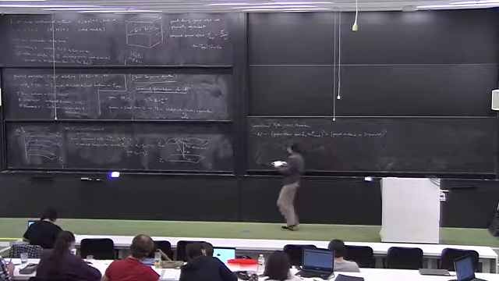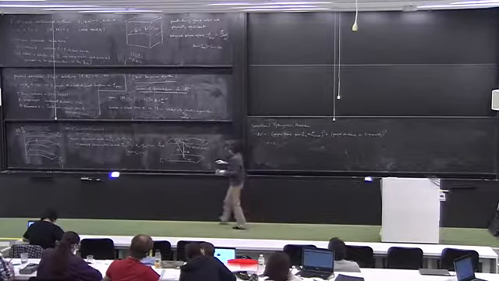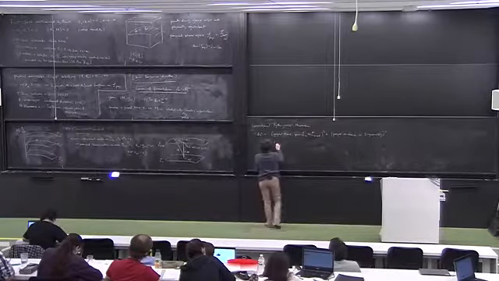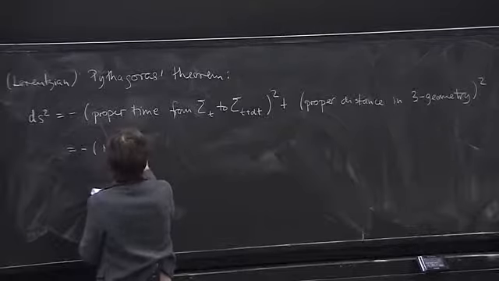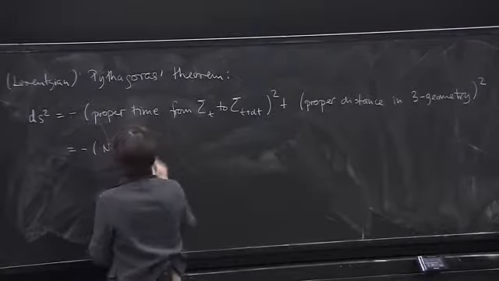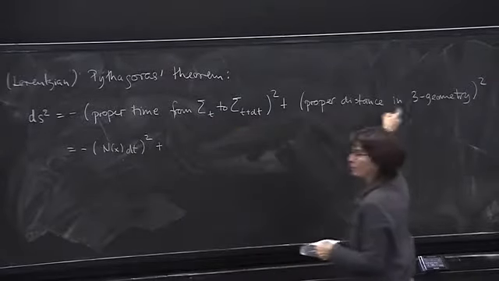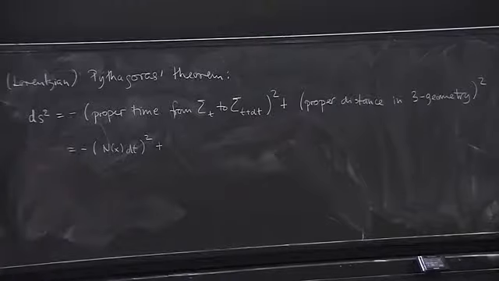So what is this? Well, the proper time here is just N times dt, as I just explained to you. So that's the detour, if you like. So it's N of x times dt, squared. Now, what is the proper distance here? Well, that's easy.